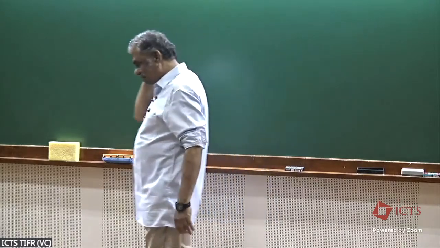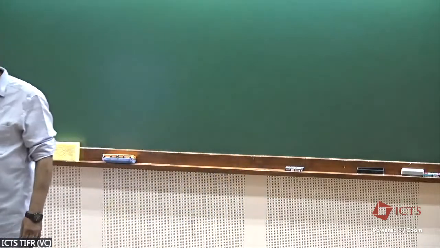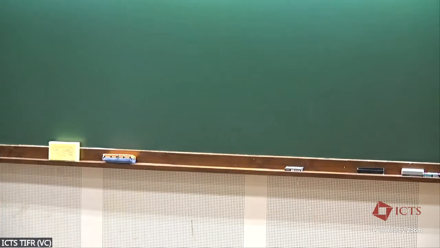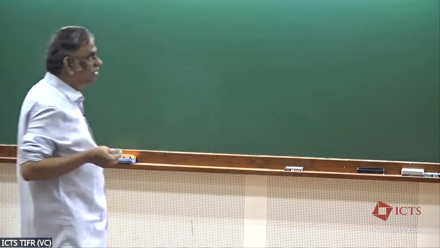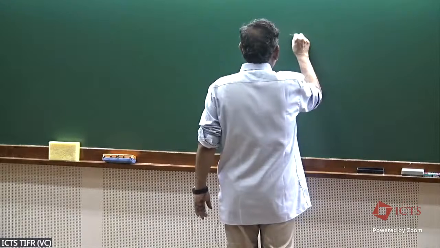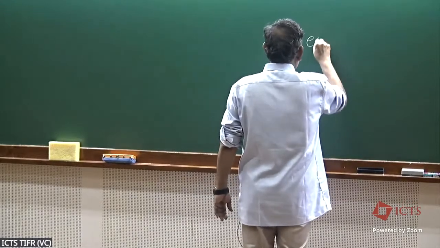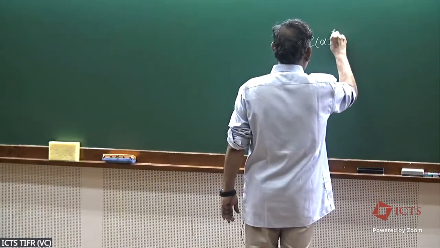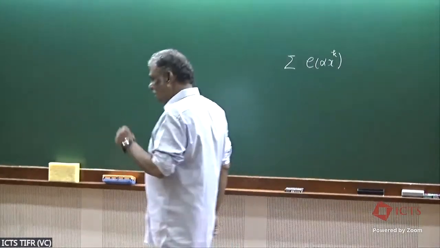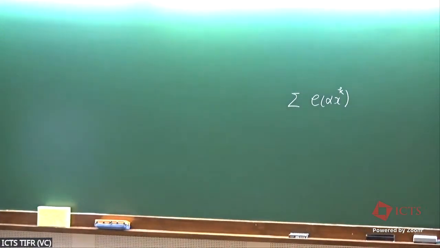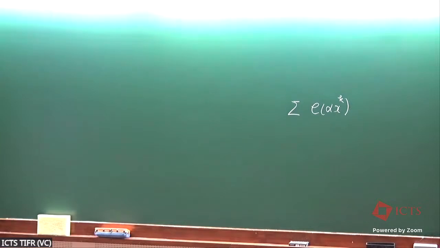Okay, this is a certain sum which comes again and again, for example, in Waring's problem. Therefore, as Professor Drishu was explaining, you start with something like a sum of e of alpha x power k, and then you want to estimate it.